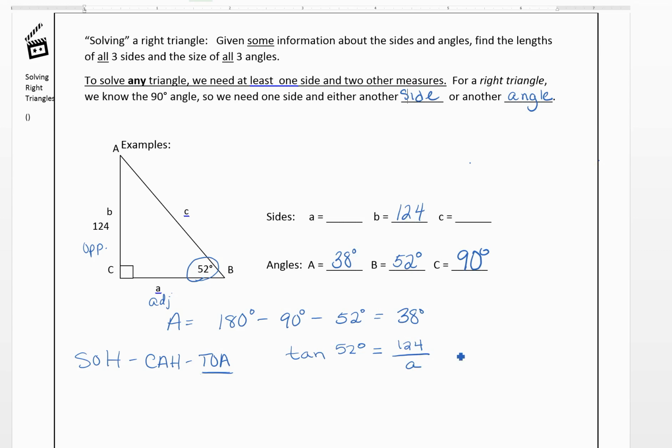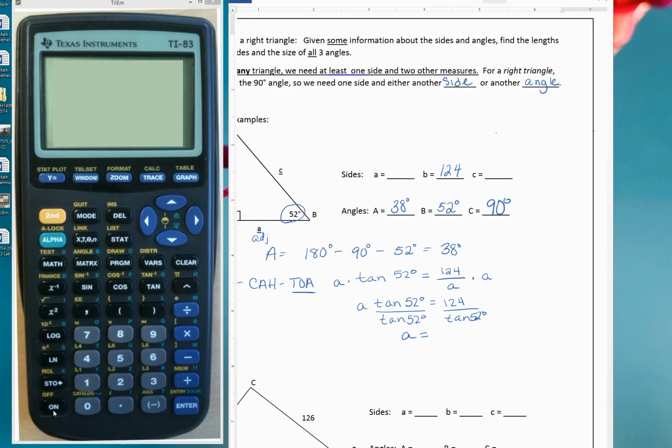So the first thing I'm going to do is multiply both sides by a. So I'd have a tangent of 52 degrees equals 124. So to get a by itself, I'm going to divide both sides by tangent of 52. So a equals, and here's where we're going to pull out our calculator.